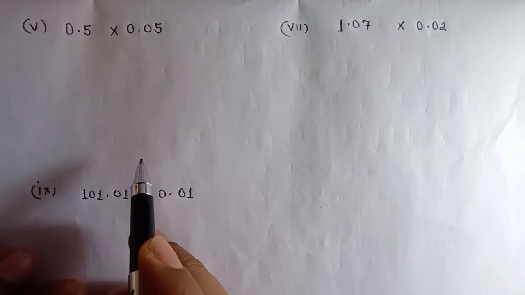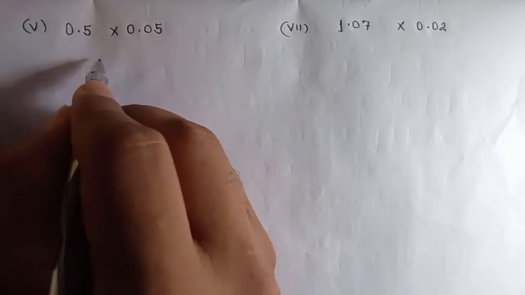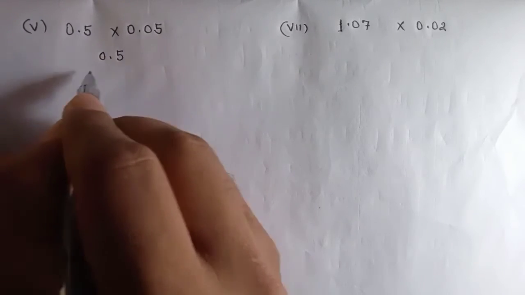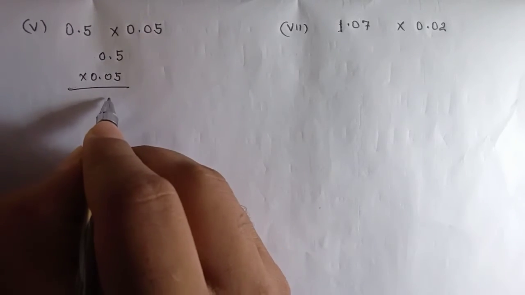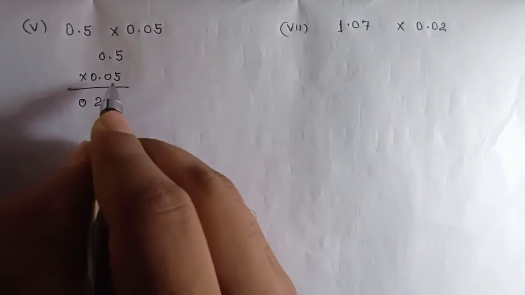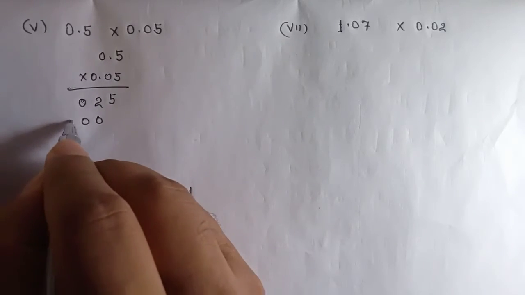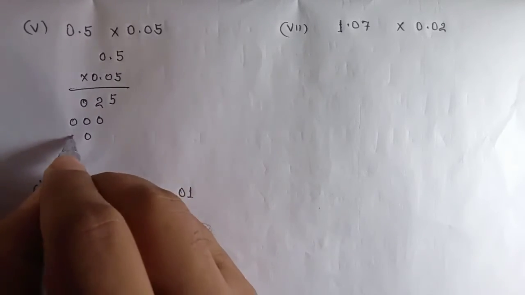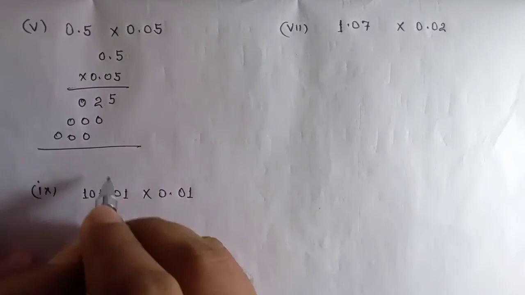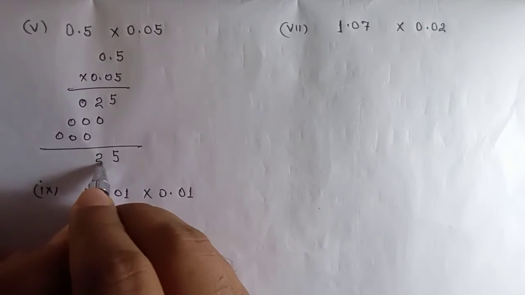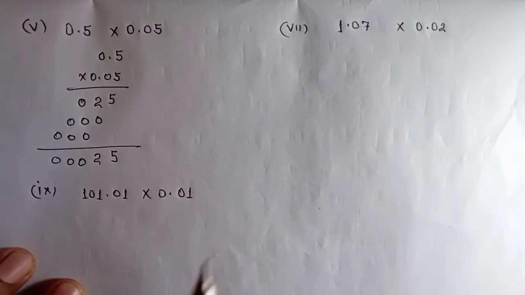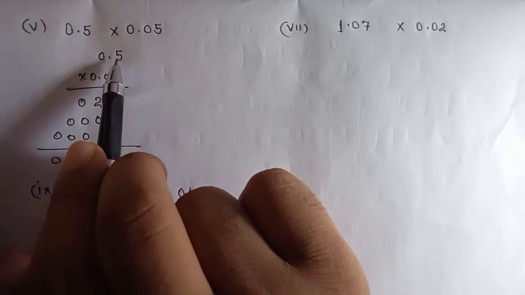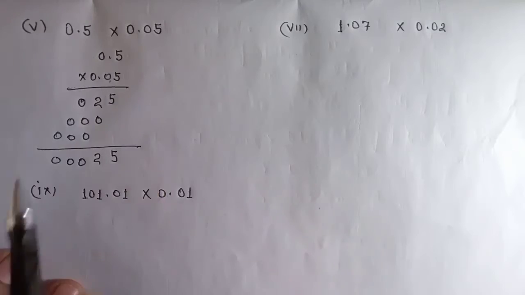Here we have to multiply 0.5 into 0.05. So now write 0.5 and multiply by 0.05. 5 5s are 25. 0 5s are 0 0 0. You can write anything here, okay, all the zeros are here. Add, 5 2 0 0 0. You write this. And now there are three digits, this is the first, second and third after decimal point.